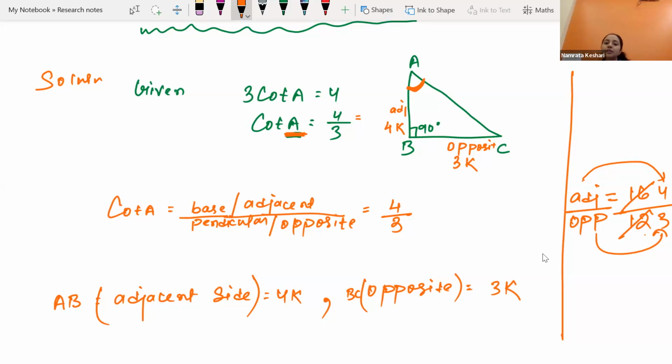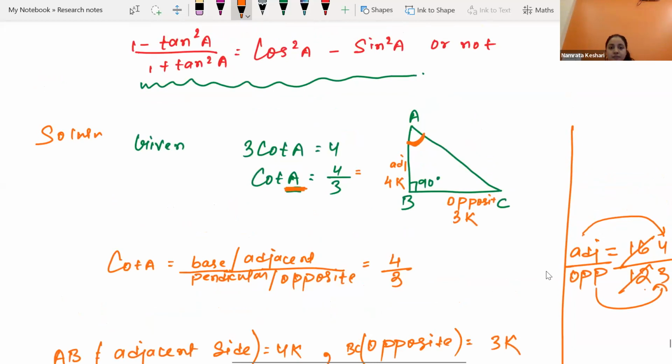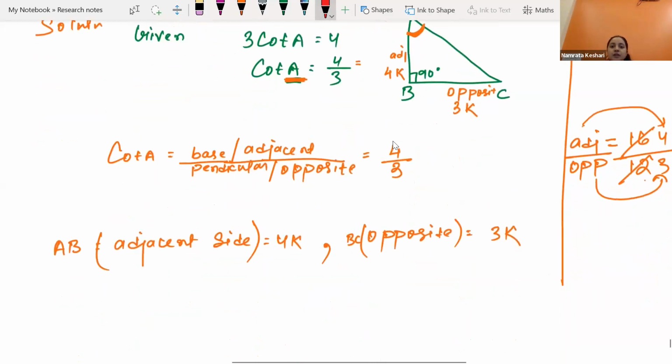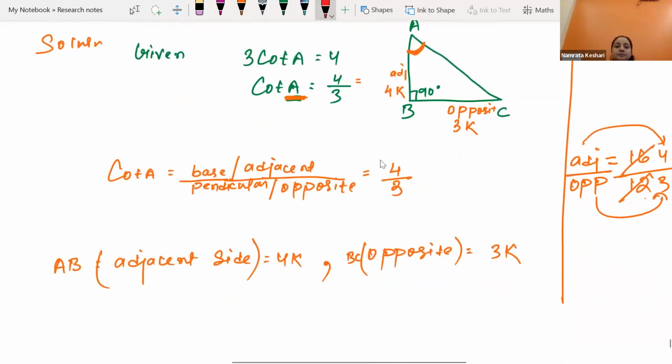Let's find the hypotenuse by using Pythagoras theorem. Let's do it. What will be the hypotenuse? Please find it. It will be in terms of k only. Don't worry. 5K. Yes, 5k. Let's write it over here.